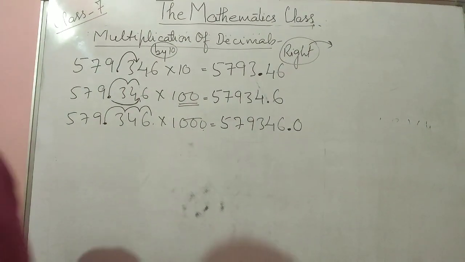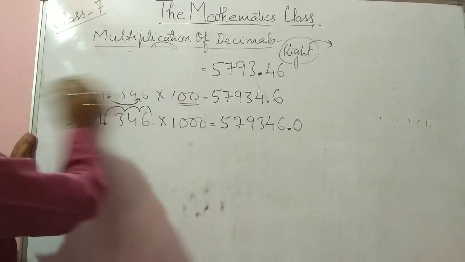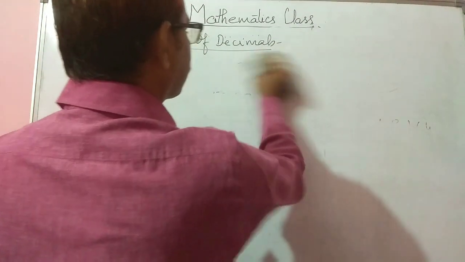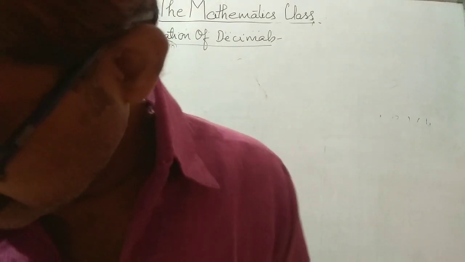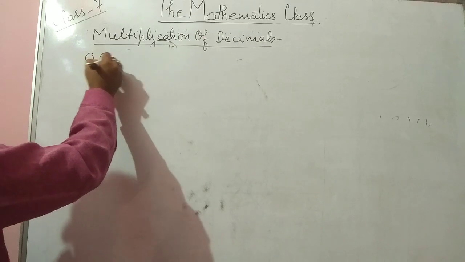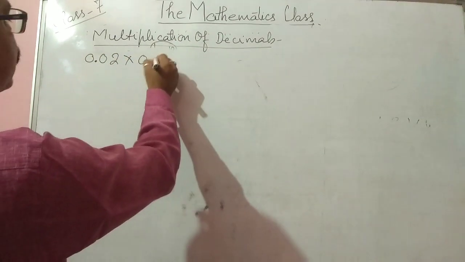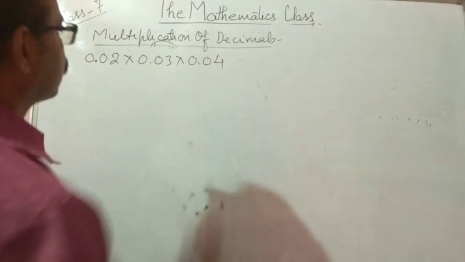Now if the numbers are all in decimal form, let's take a very simple example, just to make your concept clear. Let us say the calculation is 0.02 into 0.03 into 0.04.